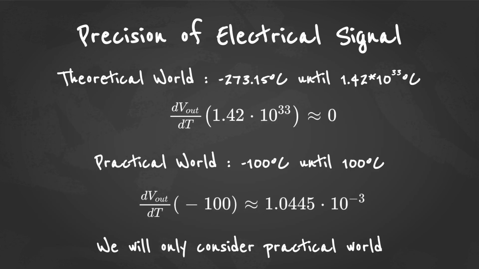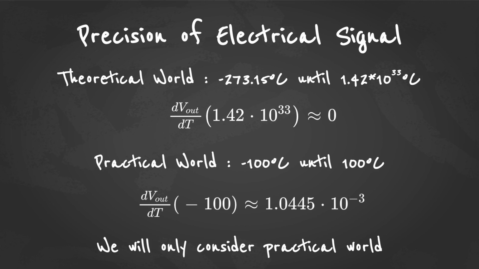However, in the practical world, for instance the world we are living in, temperature will vary from at least about negative 100 degrees Celsius until 100 degrees Celsius in a typical day or household. So we do not need to consider more than that extent. So the rate of change of our electrical signal with respect to temperature, evaluated at negative 100, is approximately 1.0445 times 10 to the power of negative 3.